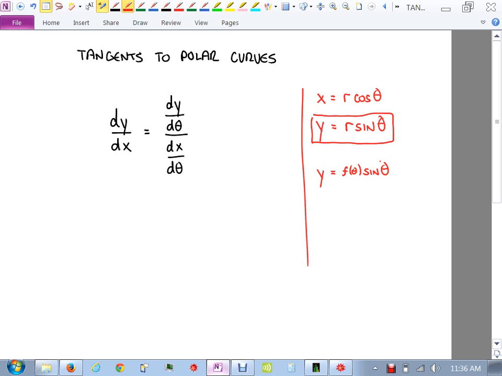So we will not treat r like a constant, which means if we want the derivative of y with respect to theta, we must do product rule. And the derivative of a product is what? So y prime is derivative of the first, f prime theta, times the second, plus the derivative of the second times the first.